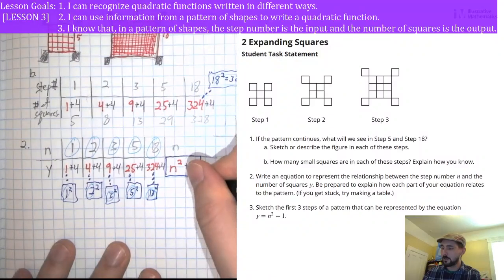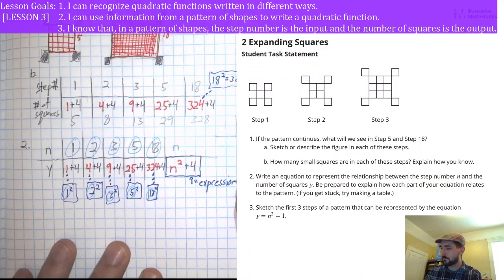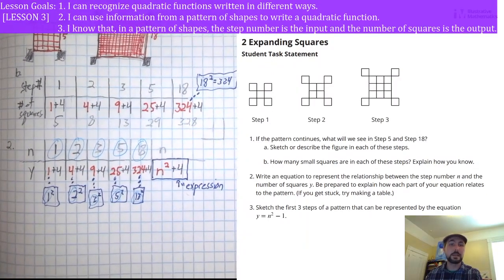What we have here, technically, this is an expression because there's no equal sign.